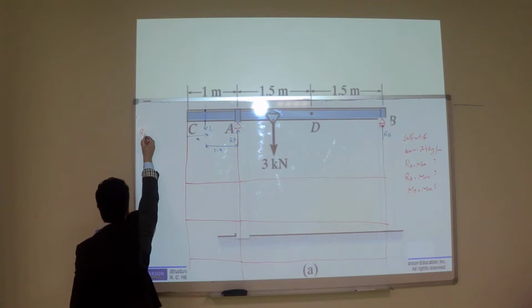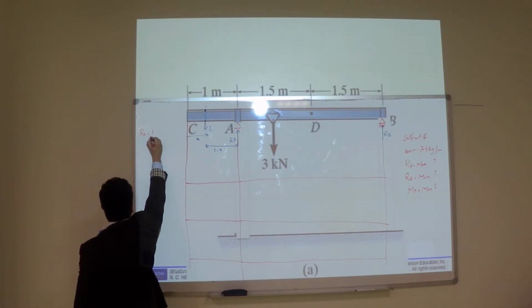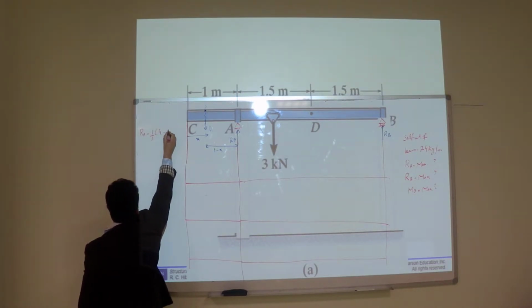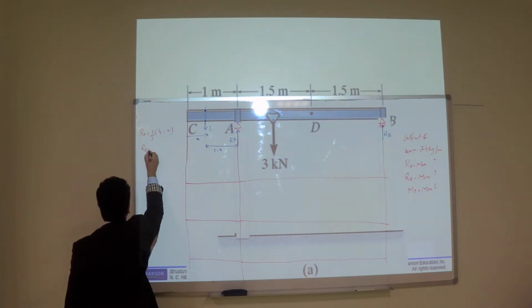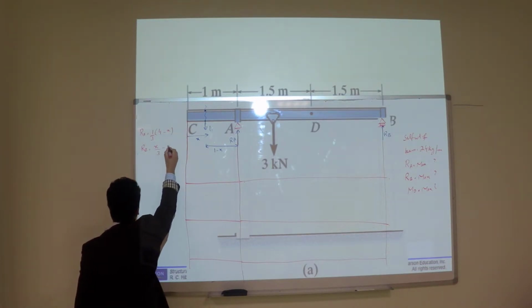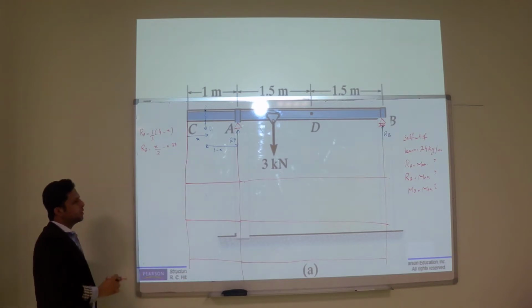RA is equal to 1 over 3, 4 minus x. RB is equal to x over 3 minus 0.33. But there's a very easy and quick way.